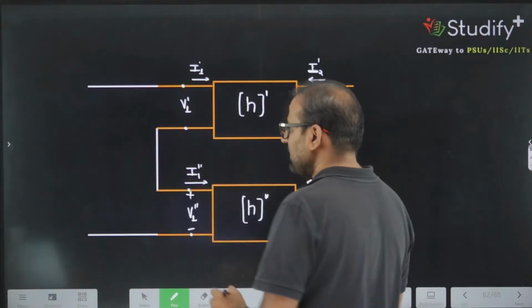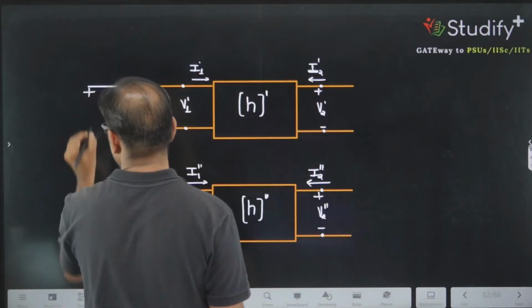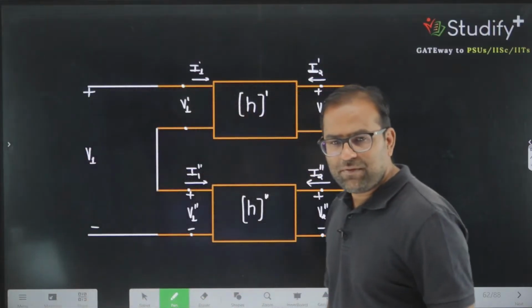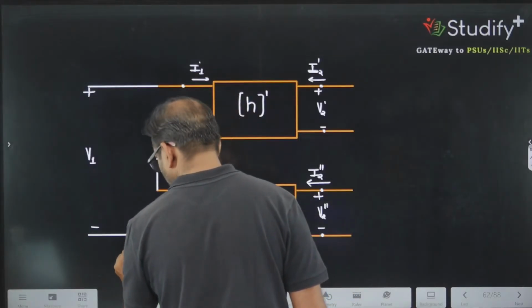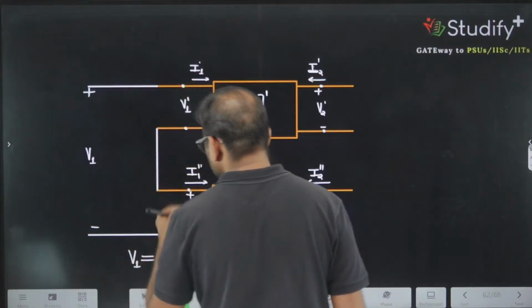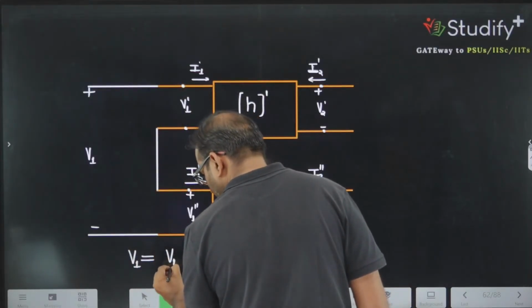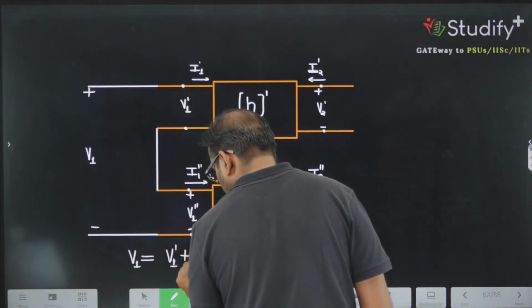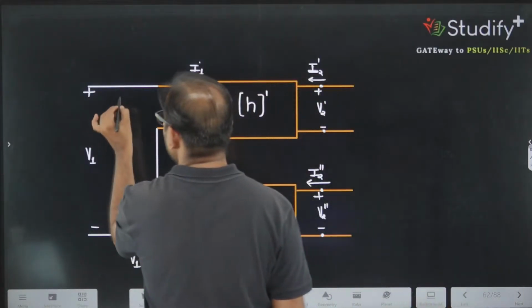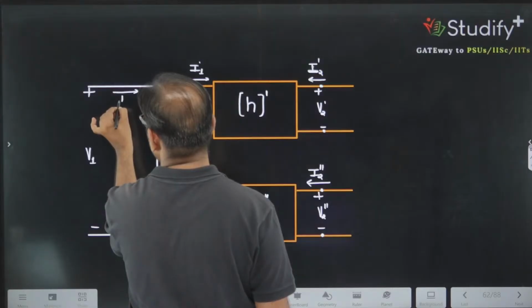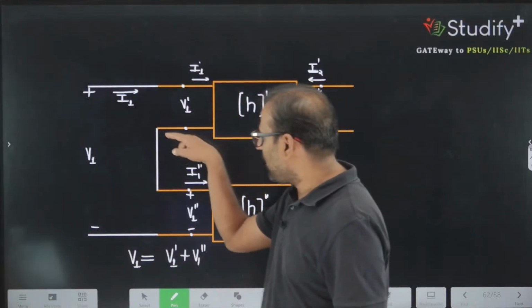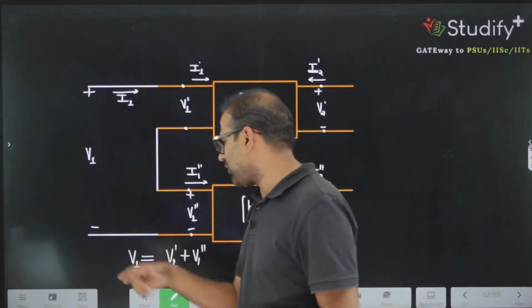What can I say? If this voltage is V1, how will you define V1? V1 can be defined by V1 prime plus V1 double prime. Correct? And if you mention a current I1 here, the current going into the network is I1, so the current coming out from the network is also I1, and the current coming out from here is also I1.